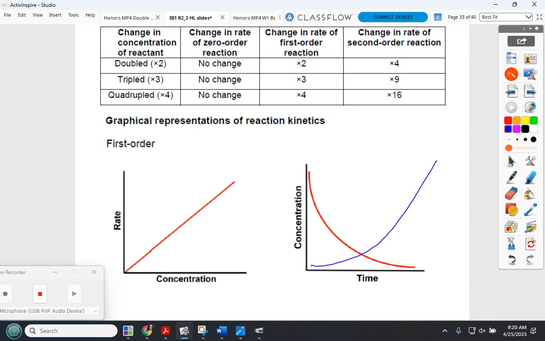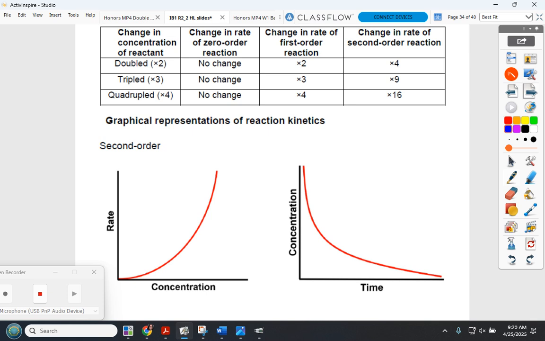So you can do it mathematically, but you can also do it graphically. Obviously, to get good graph data, you need to have a lot of points. If you only have two different concentrations, you're not going to get as much information out of this.